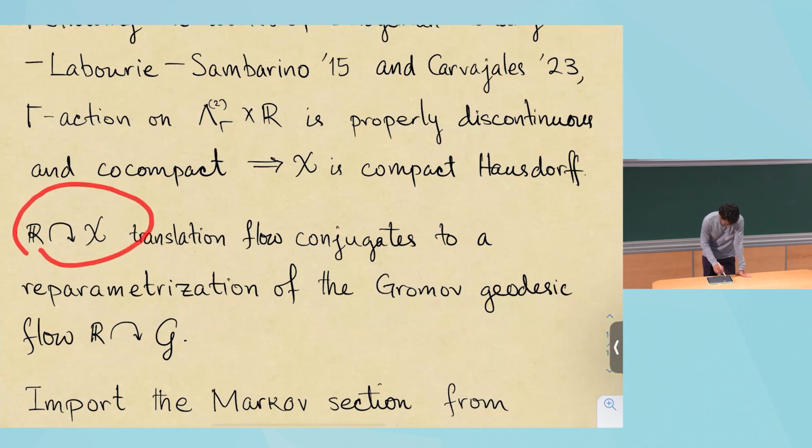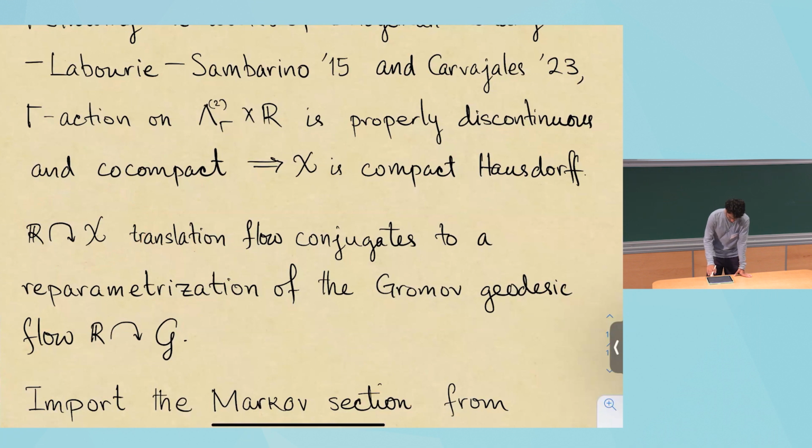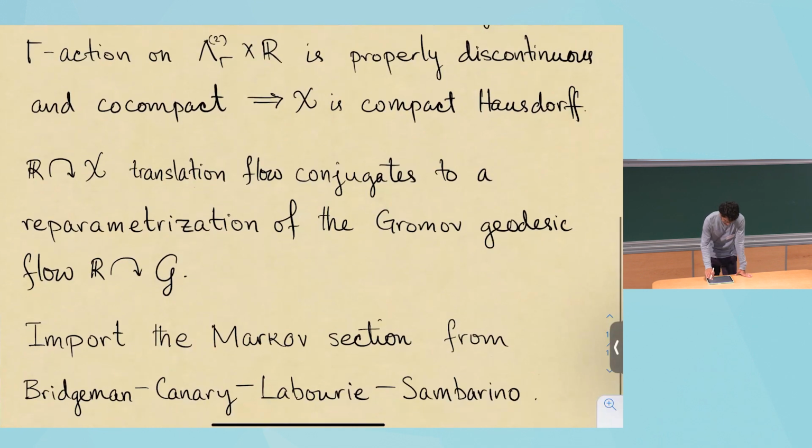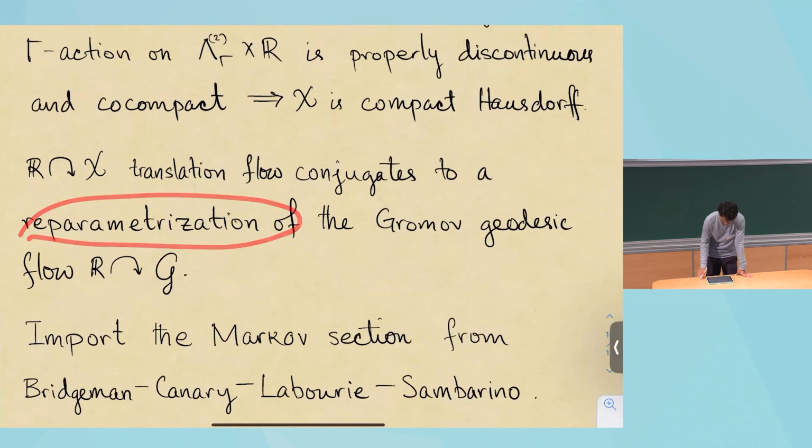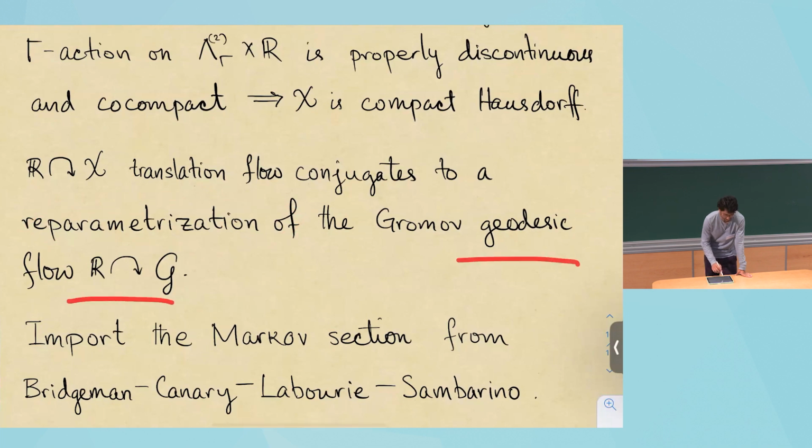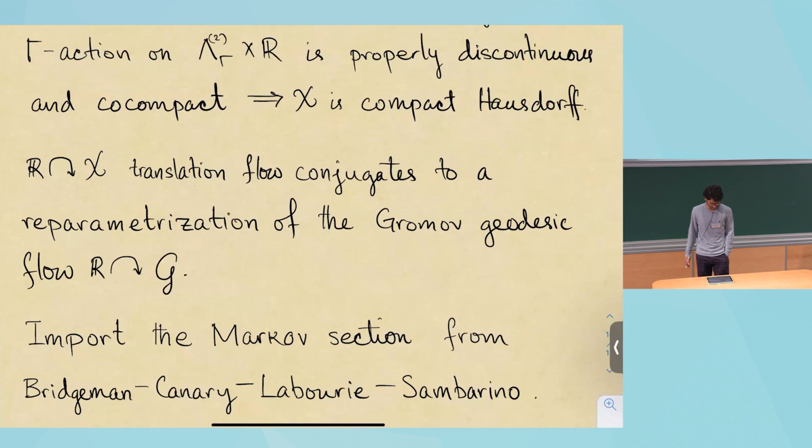The translation flow on X, by which I mean you translate in the R part, conjugates to a reparametrization of the Gromov geodesic flow. If your gamma is just, for example, a surface group, then it's really just the geodesic flow on the surface.